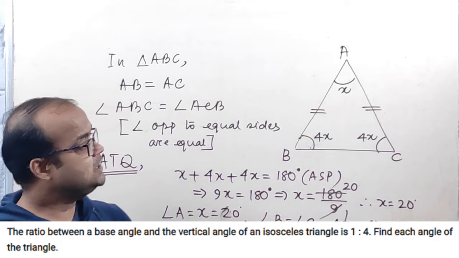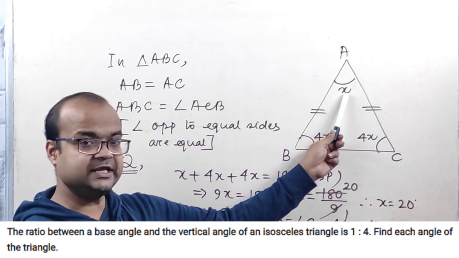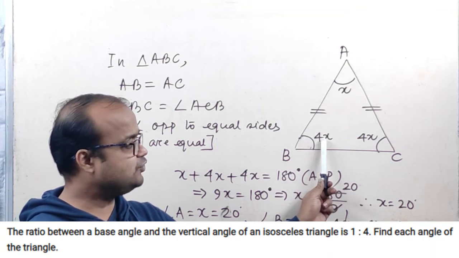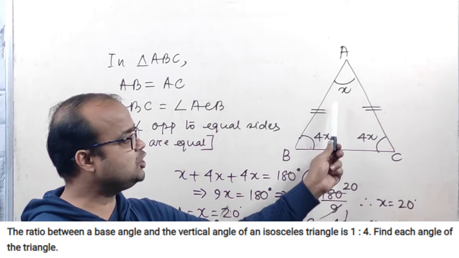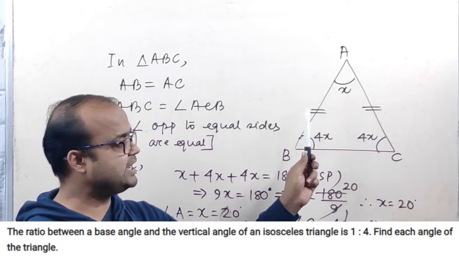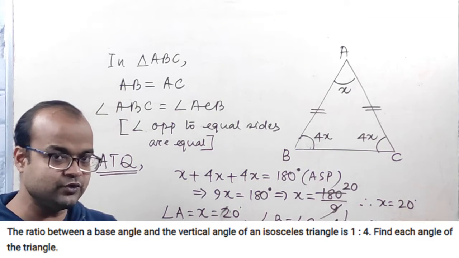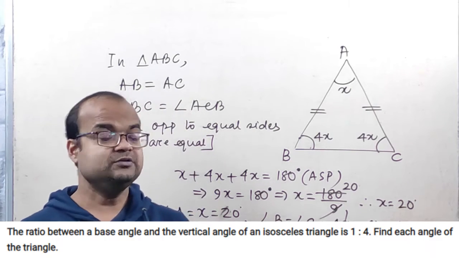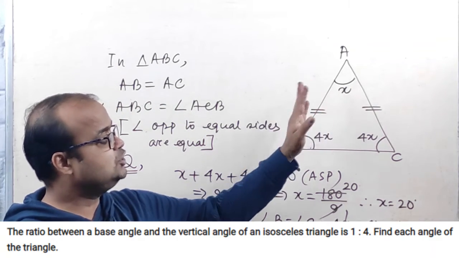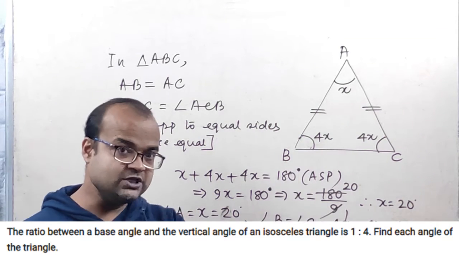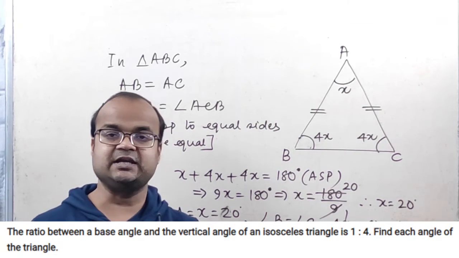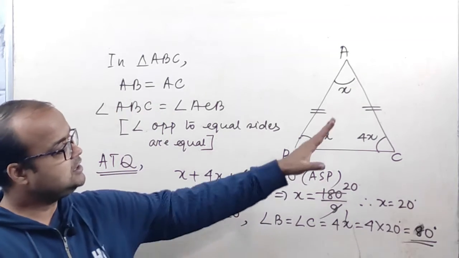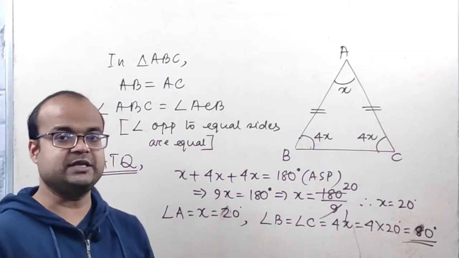Again I am repeating, since here the vertical angle is X, base angle is 4X, if you find the ratio of these two, you will get X by 4X, that is equal to 1:4. So the question might be asked to you, if the ratio of vertical angle to its base angle is 1:4, find each angle of a triangle. So you can solve the problem in the same way. Solution remains the same.